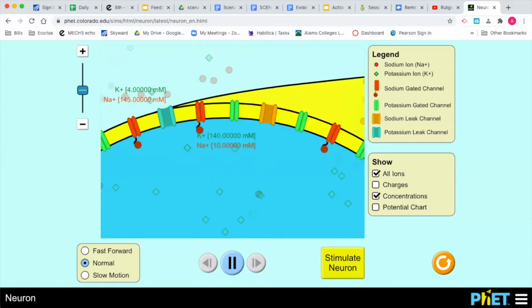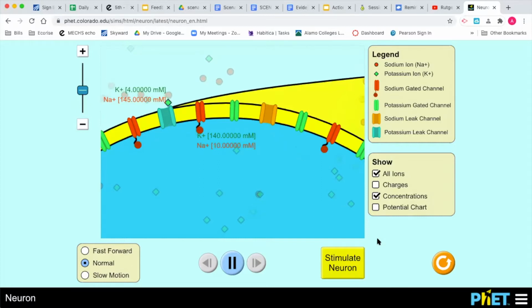And so one of the things that we want to realize when we're looking at this is we have differences in concentration gradients. Okay, so these substances, they're not in equilibrium chemically. So think back to the beginning of the school year, right? We're talking about transfer processes, active transport, passive transport, right?